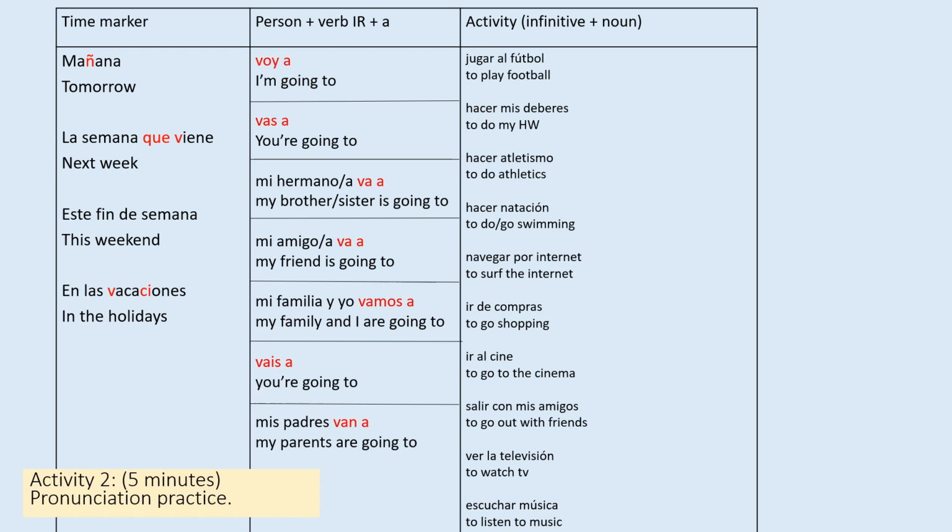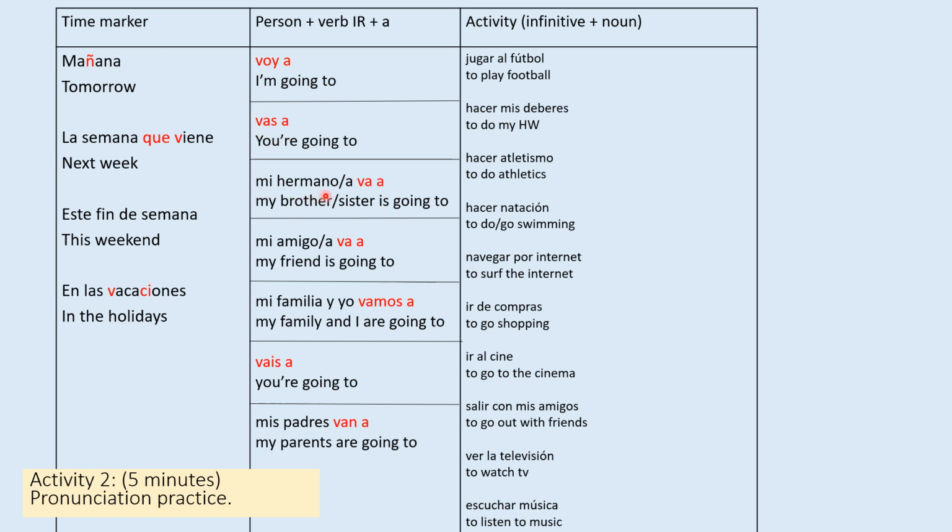Okay, we're now going to look at the second column, and you'll note we've got a lot more people now added from last lesson. Last lesson we were looking at voy a, I'm going to do something, and also we used the negative no voy a. Let's have a practice then of these, remembering each time your V will sound like a B. So repeat after me. Voy a. Vas a.